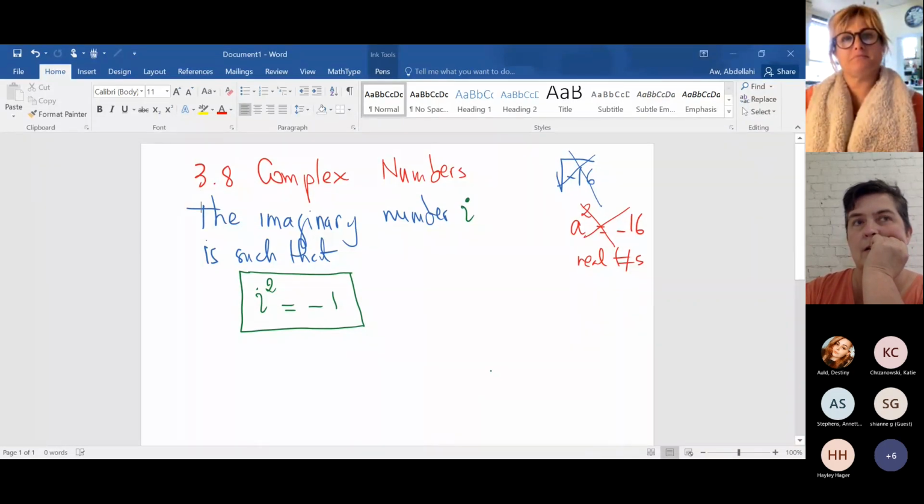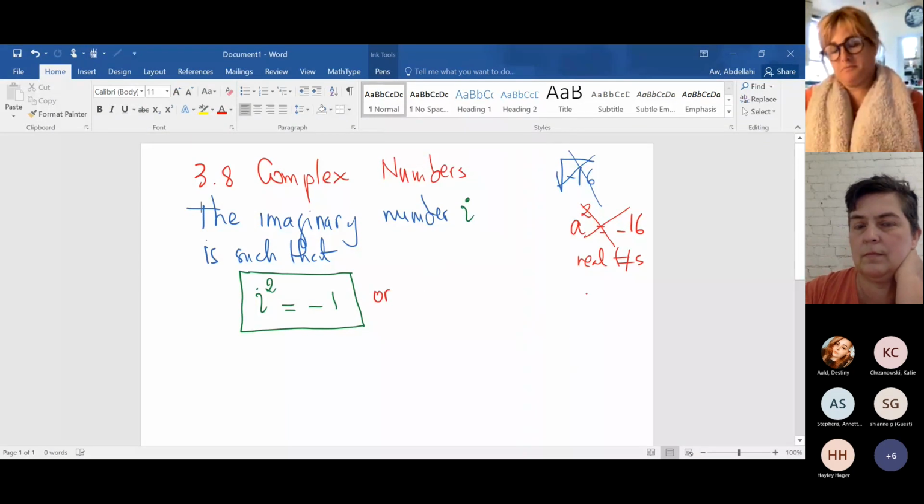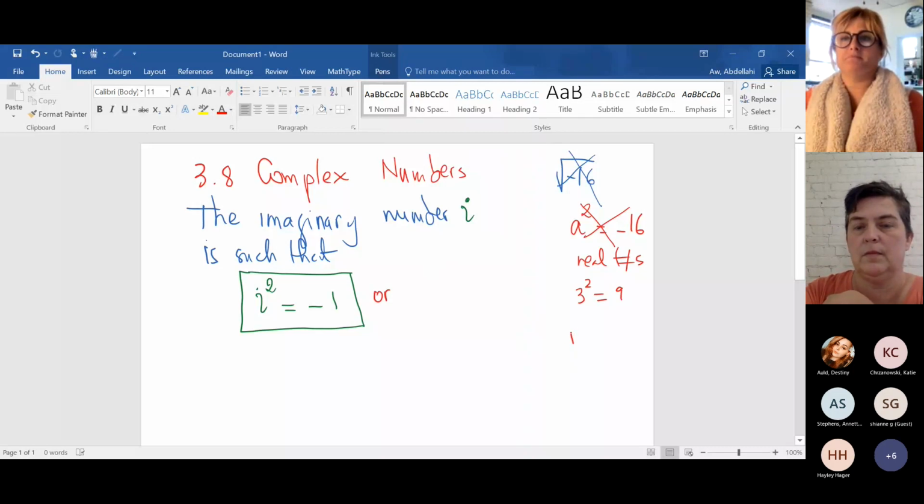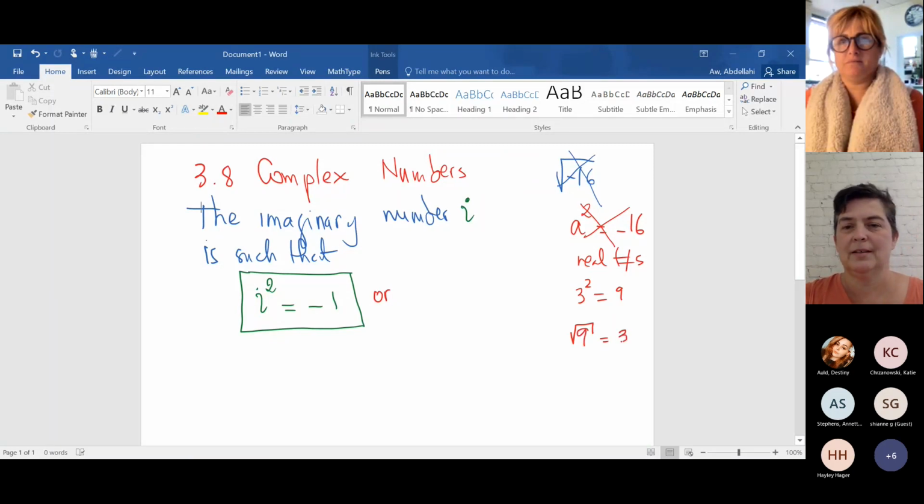So now, can somebody tell me what's going to be the radical form of this one? If I write on the side 3 squared is 9, what is the radical form of that? The square root of 9 is equal to 3.